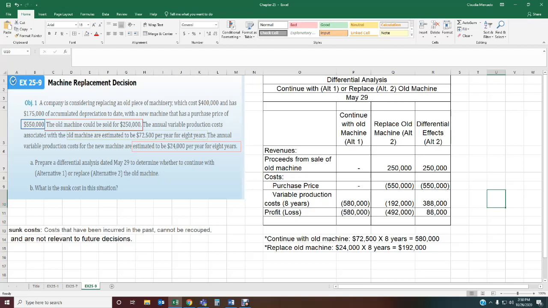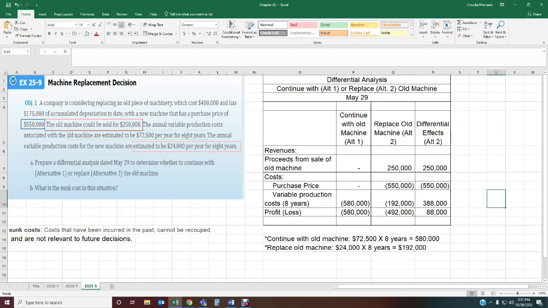If we were to continue with the old machine, we're looking at spending $580,000 over the next 8 years. Okay, if we decide to replace the old machine with a newer machine, then we're looking at spending $492,000. That's a difference of $88,000.